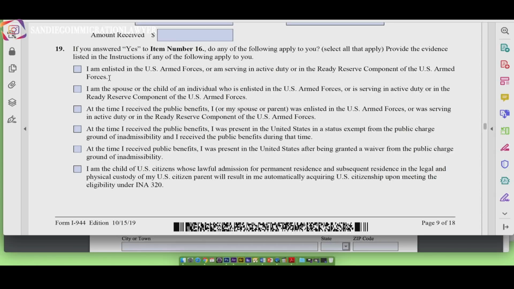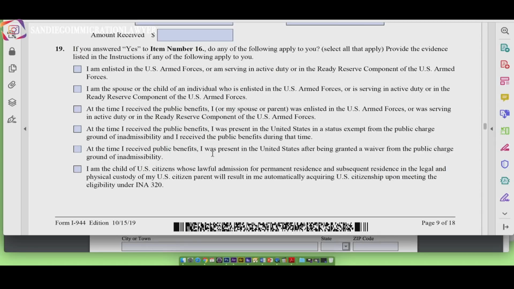So I am enlisted in the U.S. Armed Forces, or I'm serving active duty, or in the Ready Reserve. I am the spouse or the child of an individual who is enlisted in the U.S. Armed Forces. Or at the time I received public benefits, I or my spouse or parent was enlisted in the U.S. Armed Forces. At the time I received public benefits, I was present in the United States in a status exempt from public charge ground of inadmissibility.